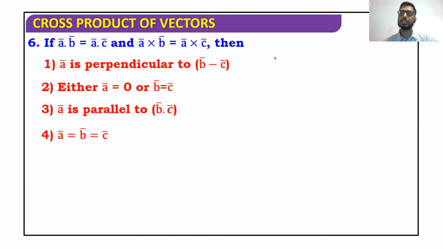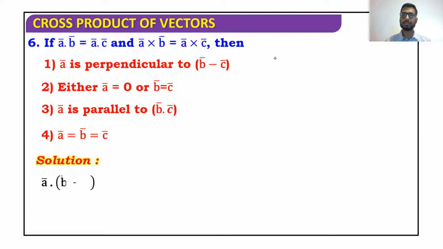The next term which was given to us is a cross b is equal to a cross c. Again, I can take a cross c to the other side. Therefore, it will be a cross b minus a cross c is equal to 0. Take a common. So a cross b minus c is equal to 0, which gives me values that either a should be 0 or my b and c terms should be equal.